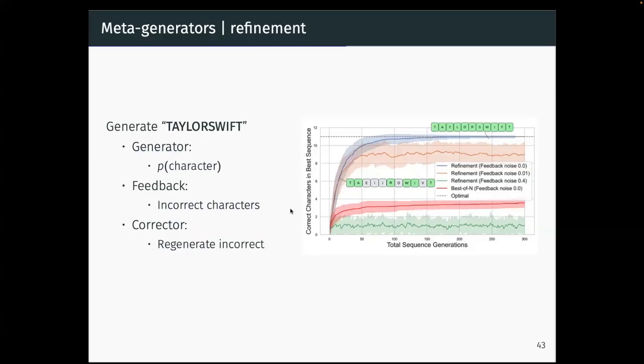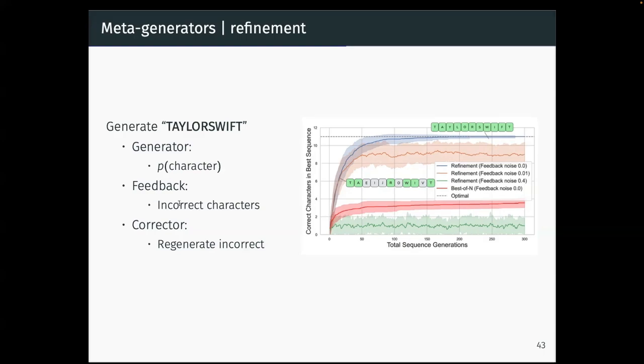So if you sample 6 plus 11 characters independently of each other, you're almost never going to get Taylor Swift as the answer. And so in this case, if you just do best of n, then you never solve the task.